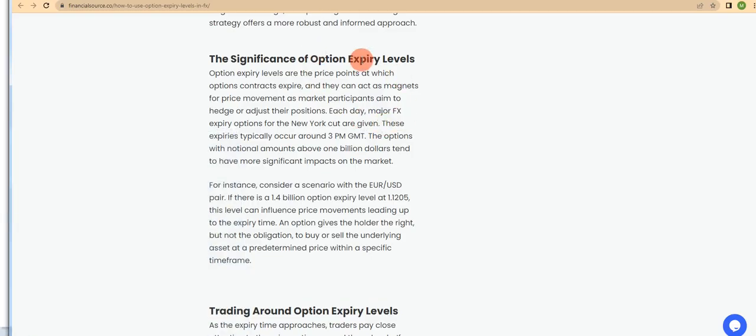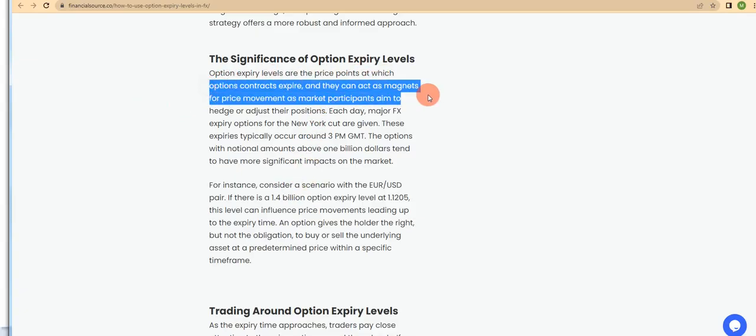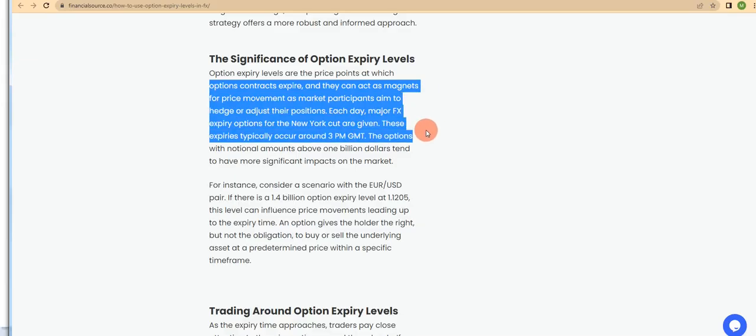So what's going on here? You find here under financialsource.co the significance of option expiry levels. Option expiry levels are the price points at which option contracts expire, and they can act as magnets for price movement as market participants aim to hedge or adjust their positions.